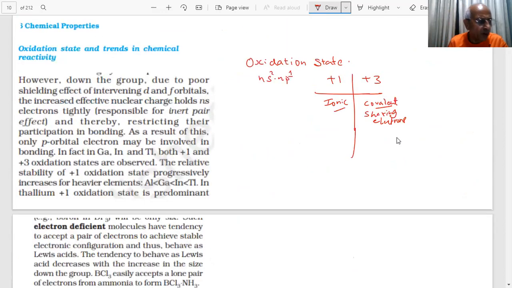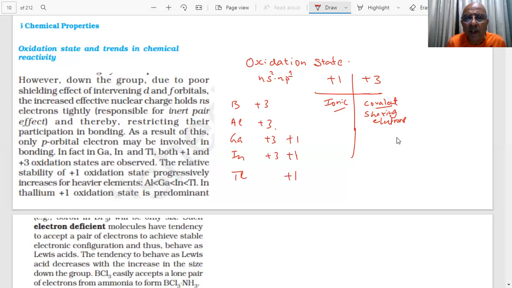Now the important point to note is the group oxidation states we are experiencing: boron, aluminium, gallium, indium and thallium, Tl. You are seeing the +3 oxidation state, and then one more oxidation state coming, +1.